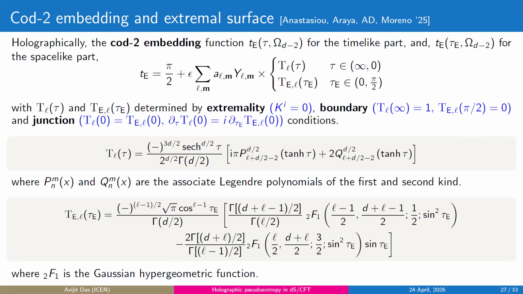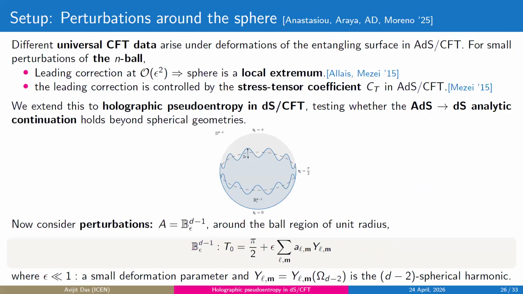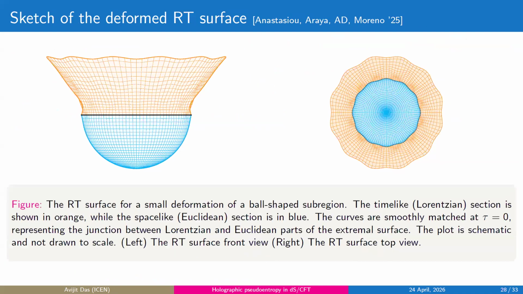Then you ask the following: this is my embedding, and I want to get an extremal surface which has all the properties of an RT surface. You first ask for extremality, that is, the trace of the extrinsic curvature is 0. That will give you some constants. Then you ask for two more conditions. One is the boundary condition that you are not changing the radius, so you keep r equal to 1.